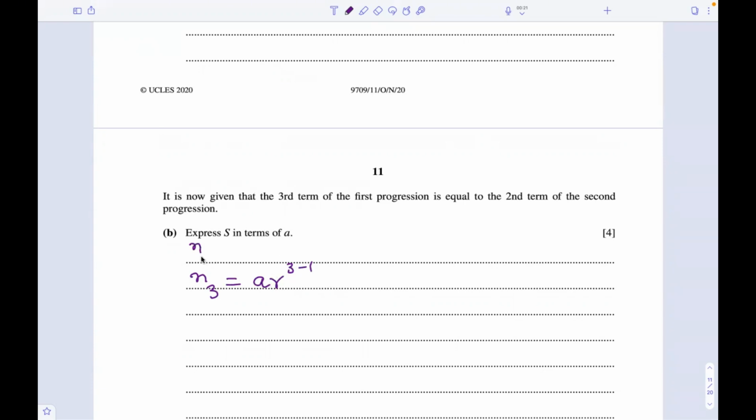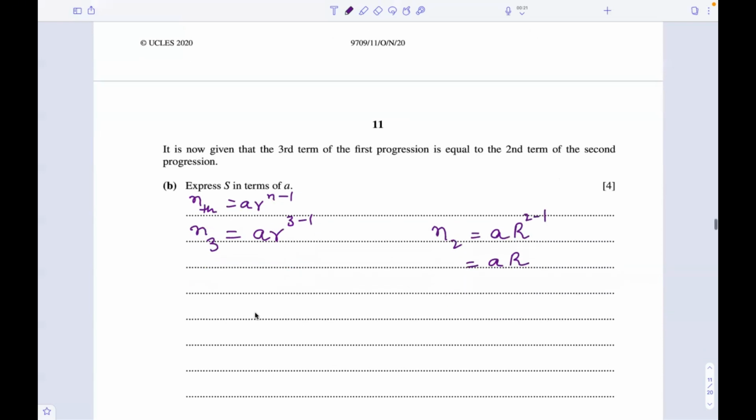The formula for the nth term is ar to the power n minus 1. And it is equal to the second term of the second progression, which would be AR to the power 2 minus 1, which becomes AR. As they are equal, I can write ar squared equals AR. The A and A will cancel, so we have r squared equals R.